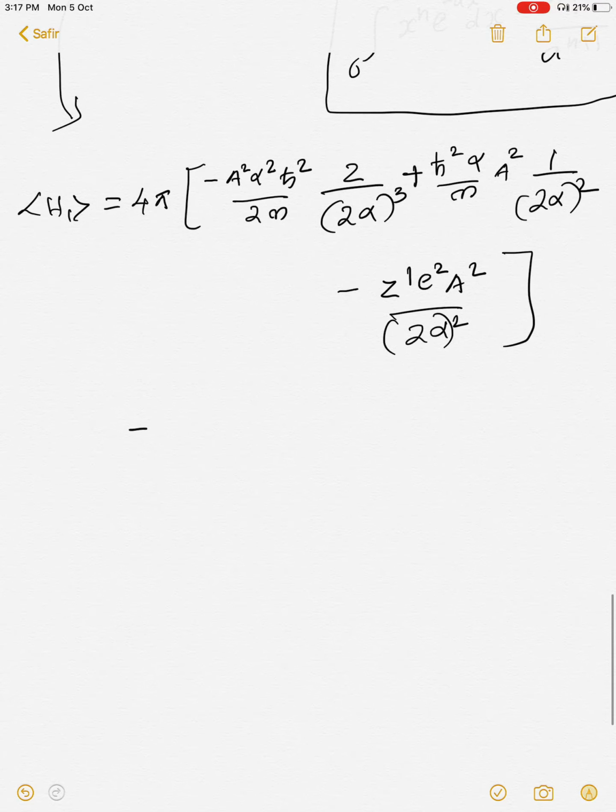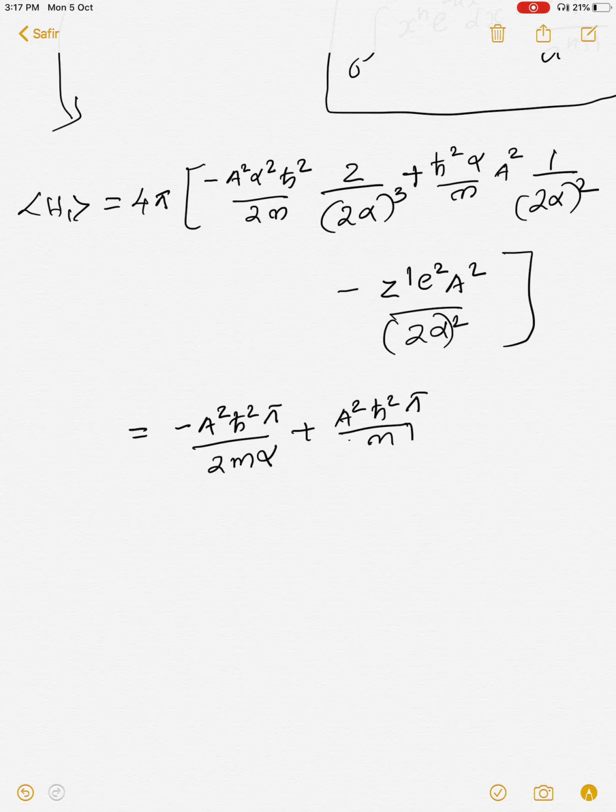Now just simplify this. We multiply with 4 pi throughout, and we get minus a square h cut square pi by 2m alpha plus a square h cut square pi by m alpha minus a square z prime e square pi by alpha square.